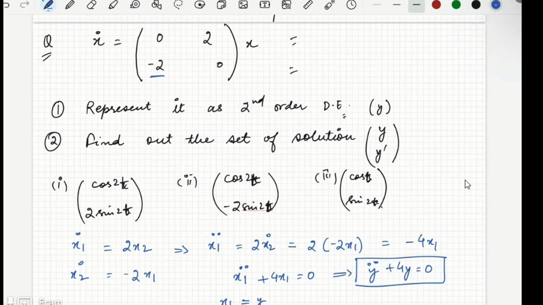Now what is the solution of such a differential equation? We have transformed first order ODEs to a second order differential equation with variable y. What is the general solution?